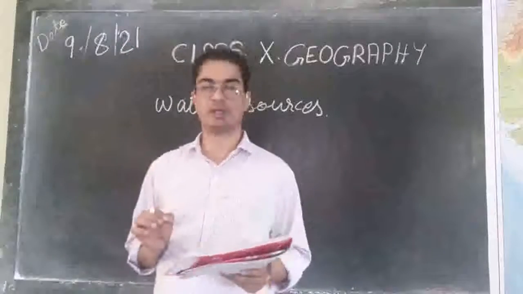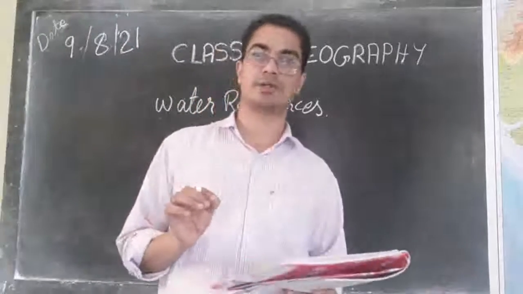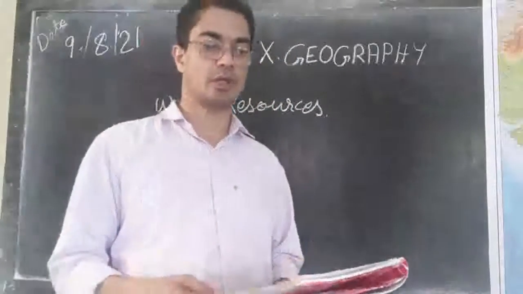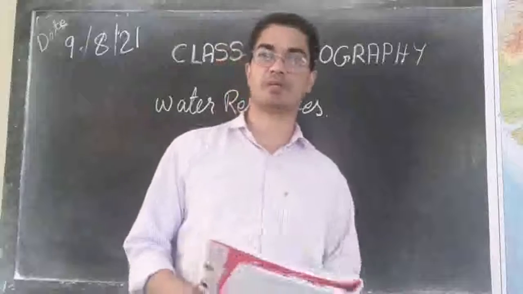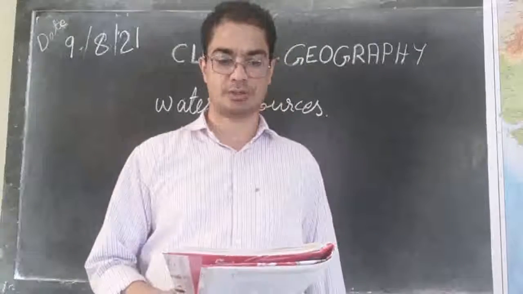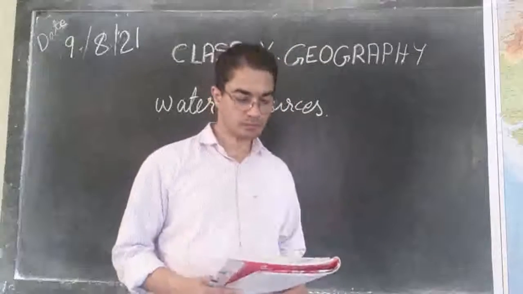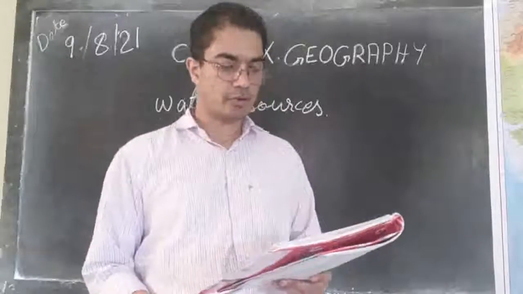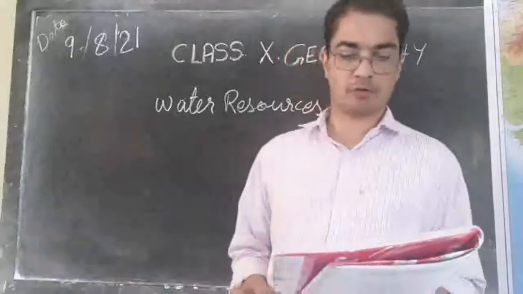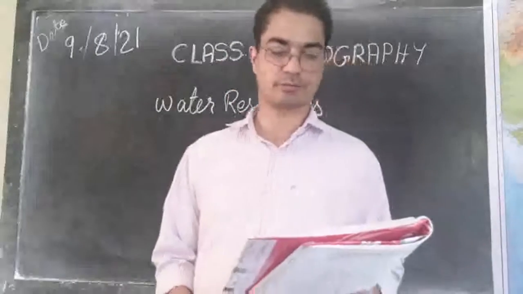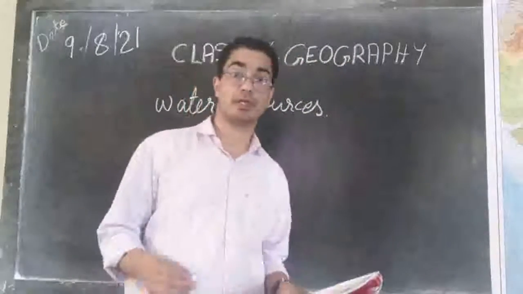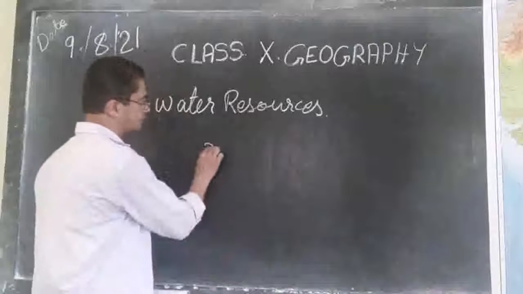So let us see a few facts about water. Take your textbooks, page number 23, lesson number 3, water resources. So you already know that 3/4 of the earth's surface is covered with water. So 3/4 of the earth is water.